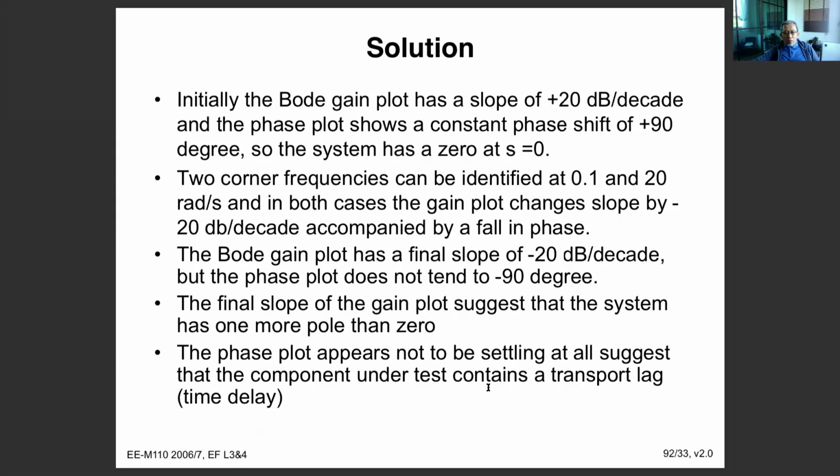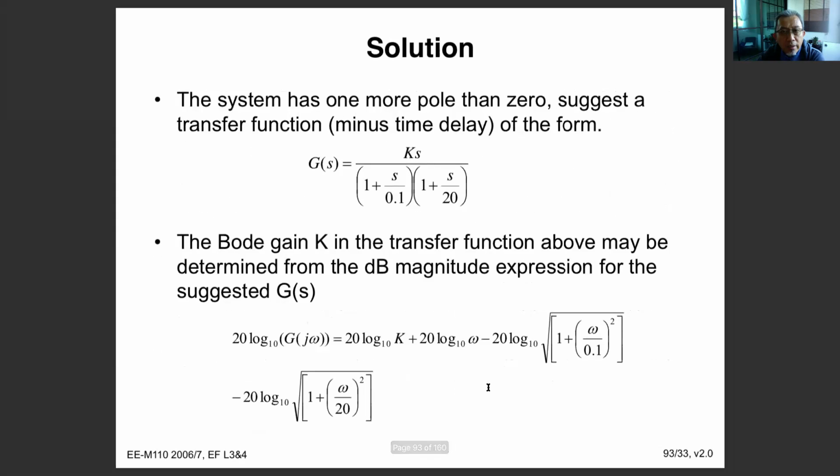So it suggests there are some time delays in the equation. So the model structure will be like this. G is equal to Ks over the zero, and two poles, which occur at 0.1 and 20 radian per second corner frequency. Then we calculate the gain K using this magnitude formula.